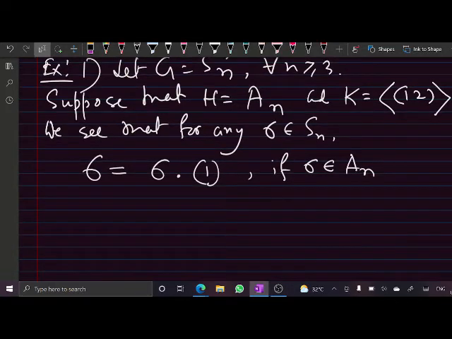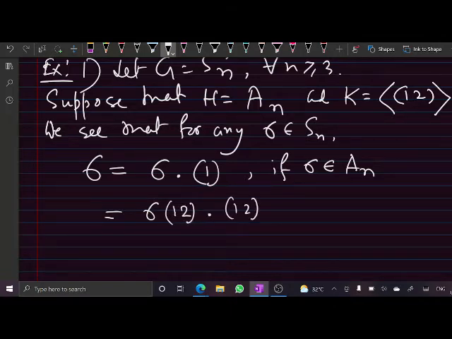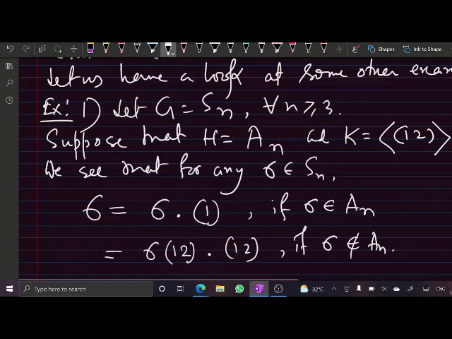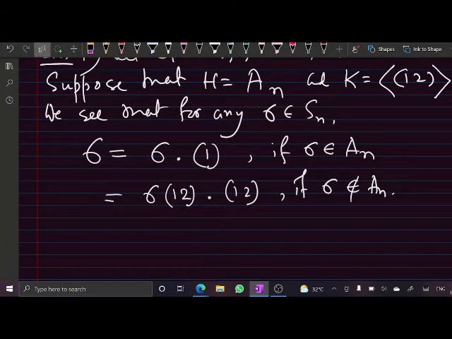Okay, and if sigma is not an even permutation, then you can represent sigma as sigma times (1 2) times (1 2), because (1 2) is a transposition, so its order is 2. So in either case you can represent sigma as a product of two permutations. One has been taken from An and another one has been taken from K.